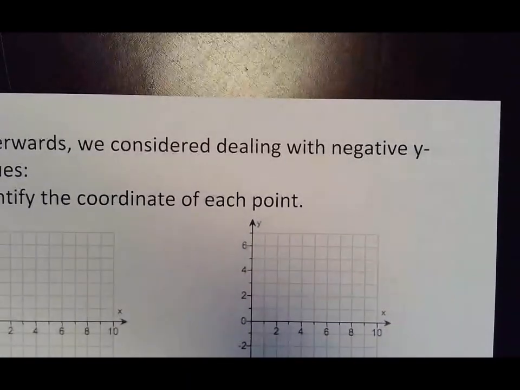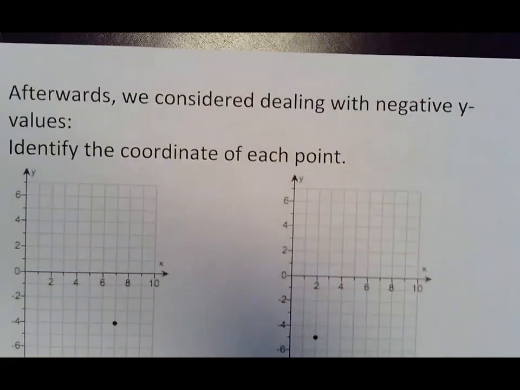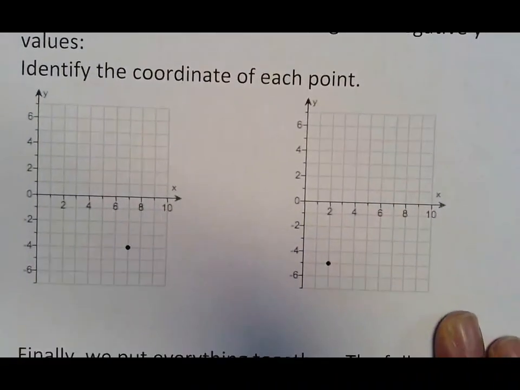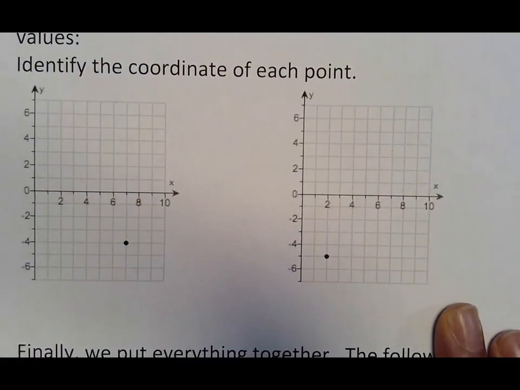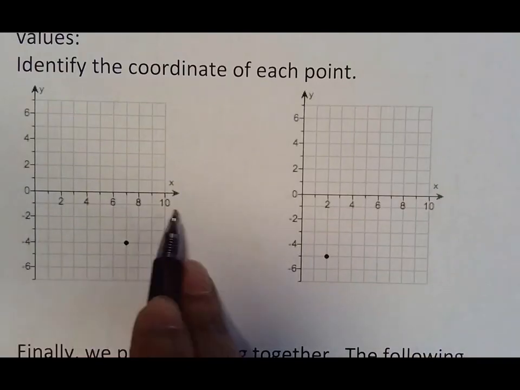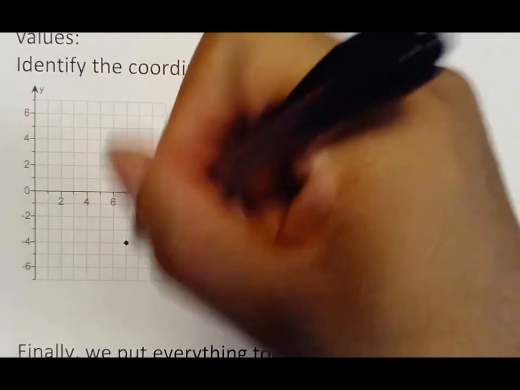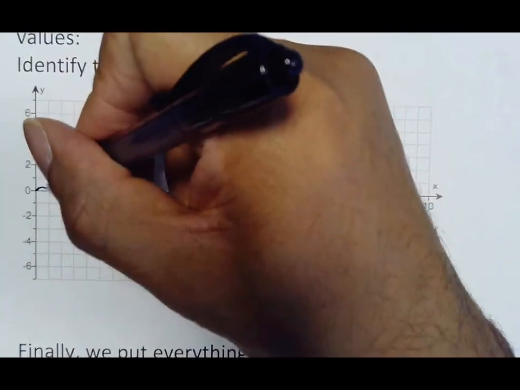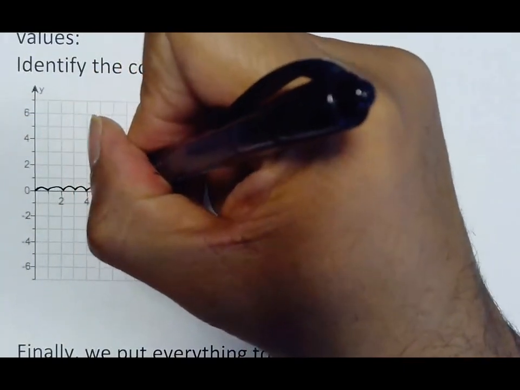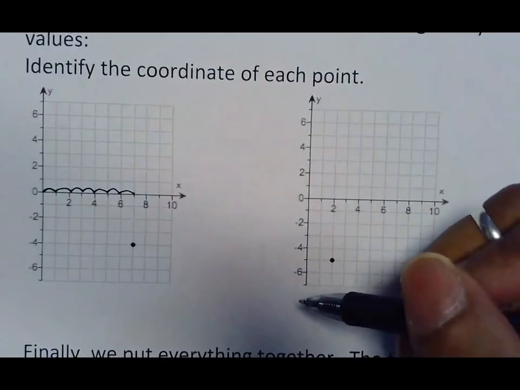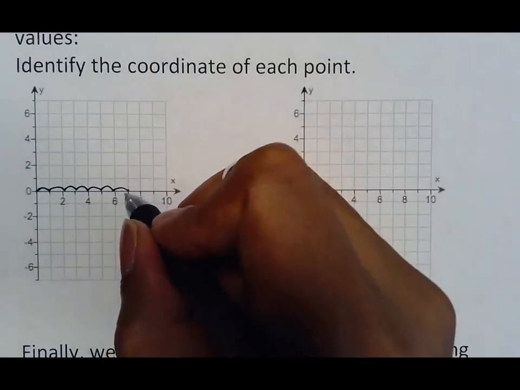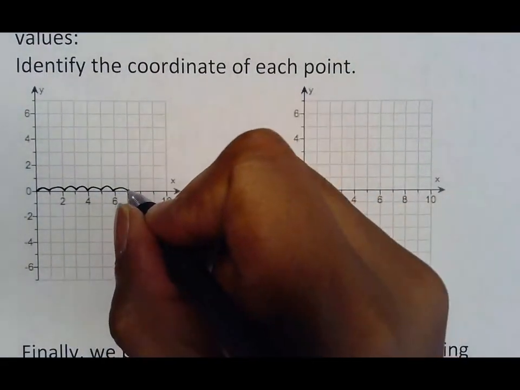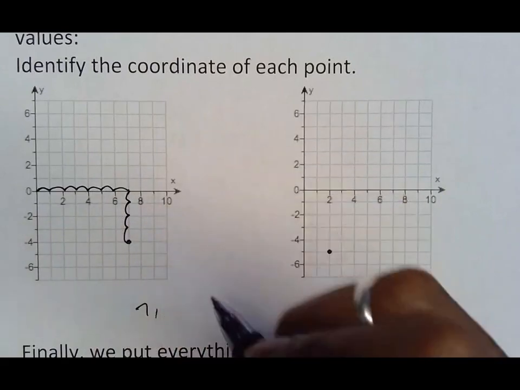So after that lesson, we looked at what negative y values do. So remember that x goes forwards and backwards, y goes up and down. So what we did then was we kept our x negative, and we just happen to go up or down. So in this case, we go 1, 2, 3, 4, 5, 6, 7 to get above it. And then we start digging. So 7 to get above it, and then 1, 2, 3, 4 down.